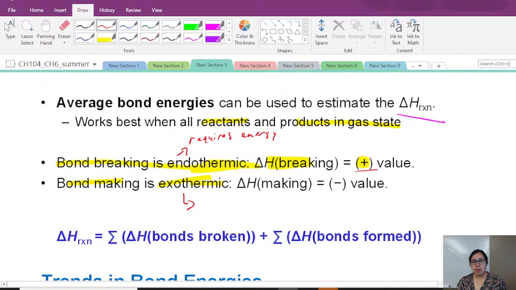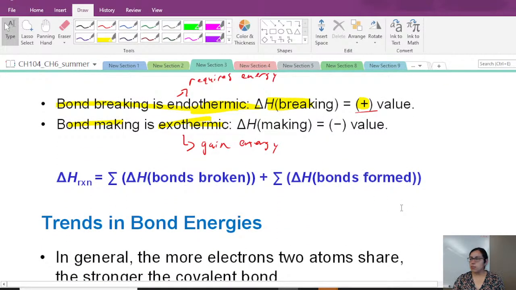Exothermic, so making is usually favorable. And so that's where you gain energy. And you get a negative value. And so then we can calculate the delta H of our reaction by adding up bonds broken plus bonds formed, and then figure out how much energy you had to put in overall or take away.